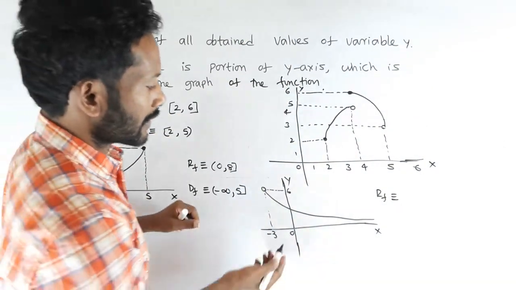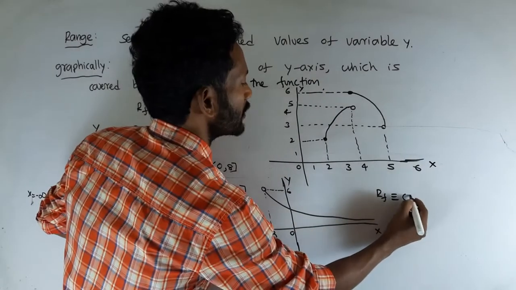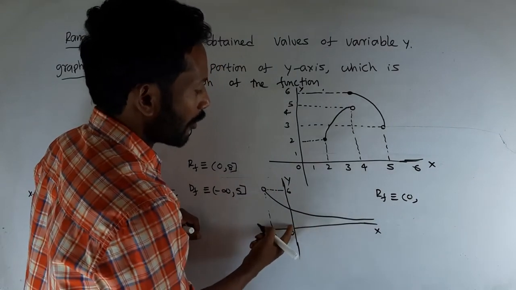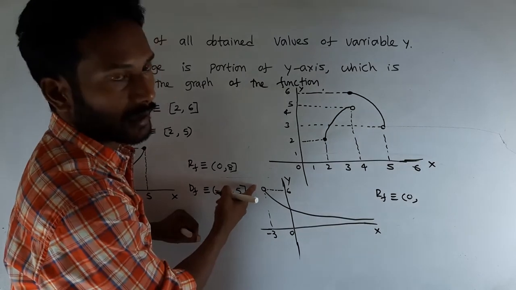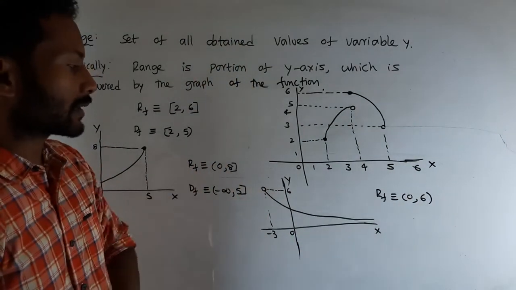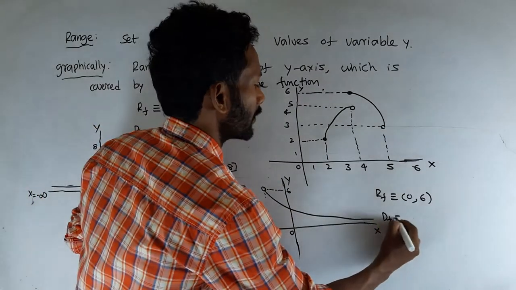What is the portion of the y-axis? 0 to 6. Here open interval 0. This graph approaches 0 on the y-axis. So open interval 0, this one is unshaded circle. So open interval 6. Open interval 0 to 6. This is the range.